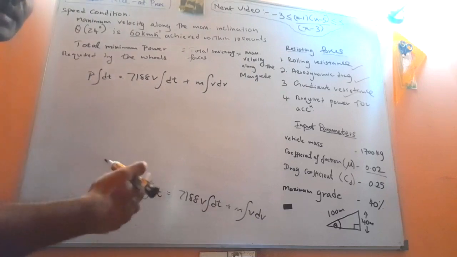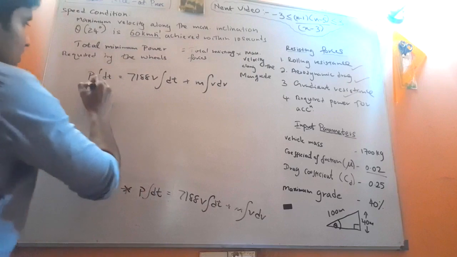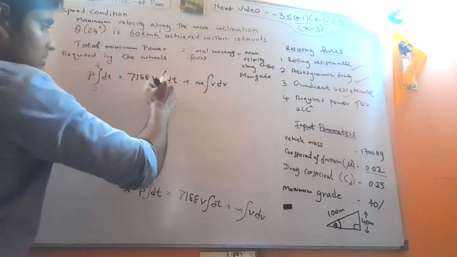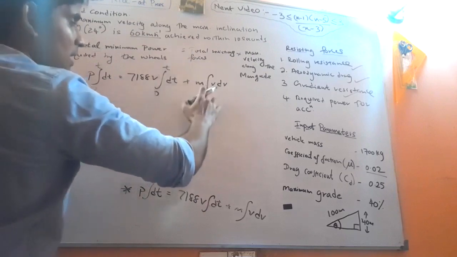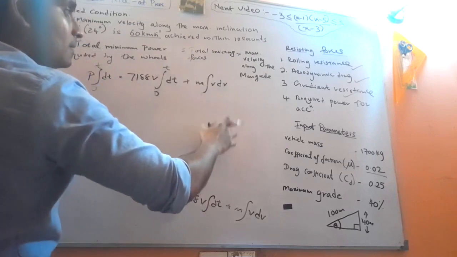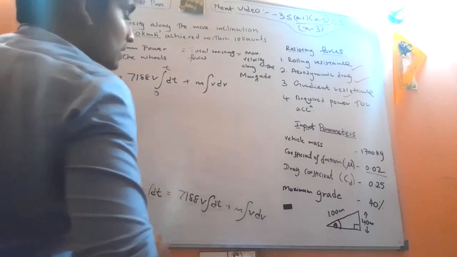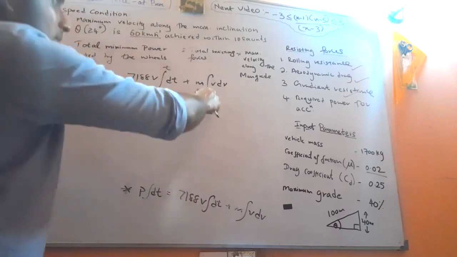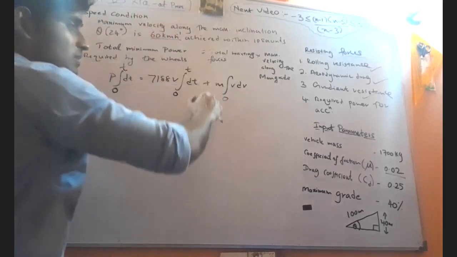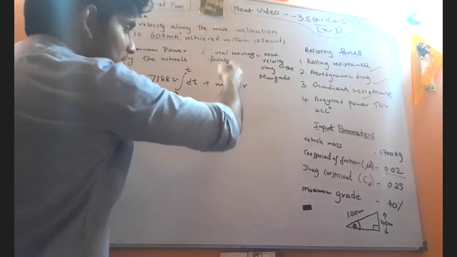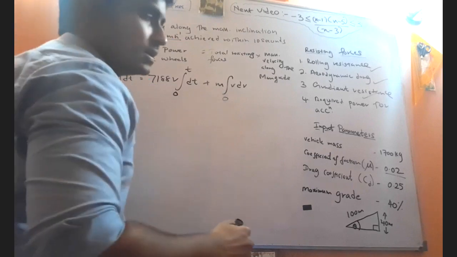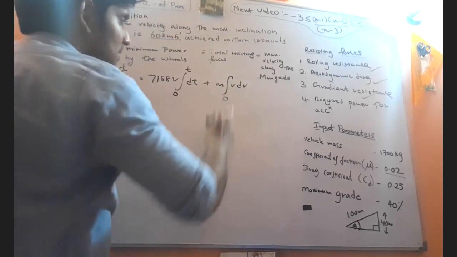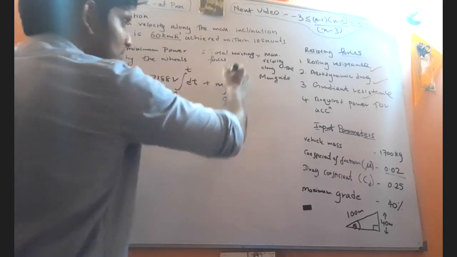If you are going to integrate, you must know the particular limit: 0 to t, the time limit, and here also. For the part m times the integral of v dv, you are going to integrate with respect to v. So what is the limit that you have to put? It's v.